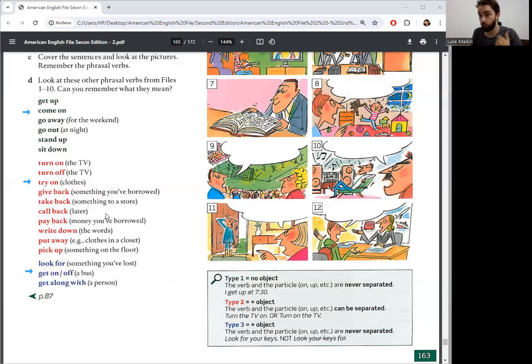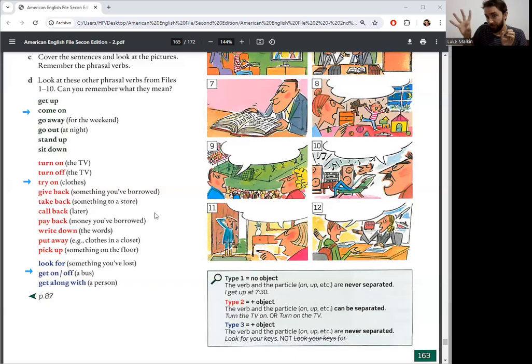You know what you want to find. Get on and get off is to enter and exit. Bus, for example. To get along with is have a good relationship with. Hopefully, you get along with your teacher and the other students in your class.